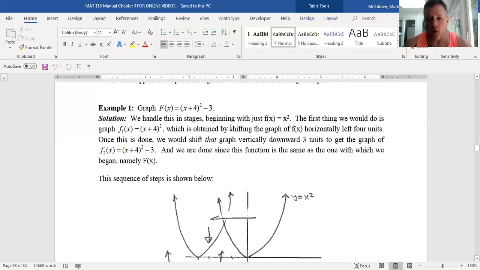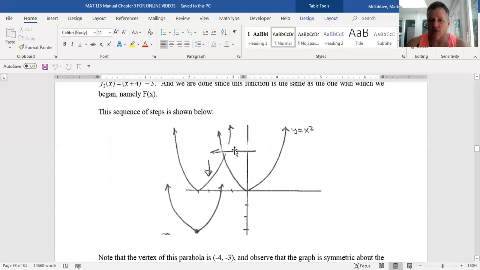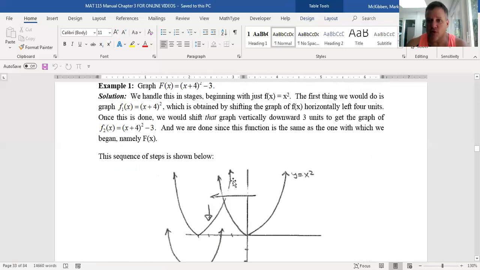The first thing that we're going to do, by the order of operations, is talk about what this part looks like. We know that if you add something inside, we're going to move the graph of x squared to the left that amount. So the first graph that we get is obtained by moving this to the left 4 units.